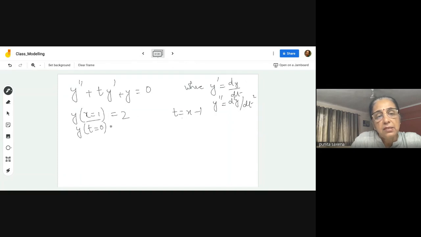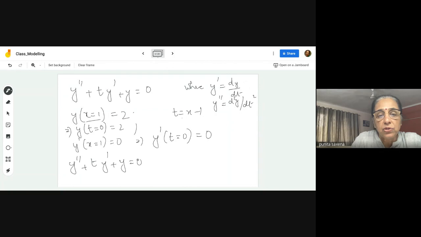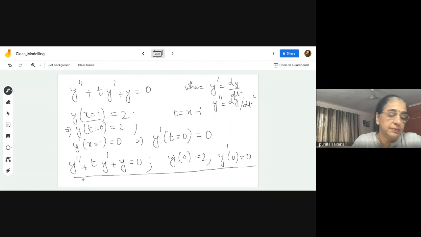So y when t is 0 is 2. Similarly, y dash when x is 1 was 0 implies y dash when t is 0 is 0. That means my differential equation is now solved with y at 0 equal to 2 and y dash at 0 equal to 0. Is this clear?